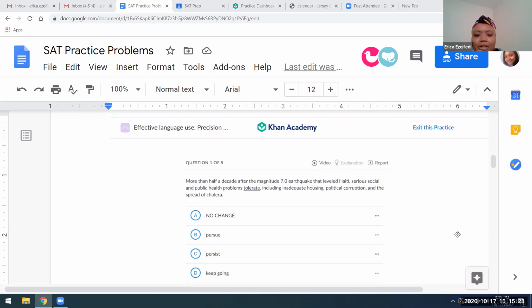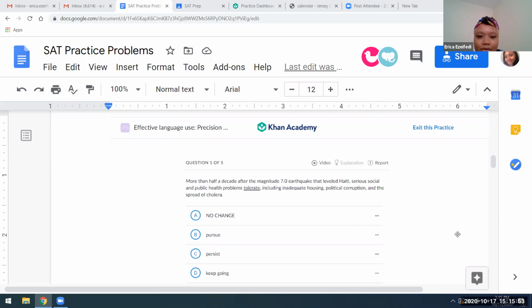So I know this underlined word is going to support the serious social and public health problems continuing. The word tolerate doesn't really make sense because tolerate means that it doesn't really like it, but it allows it.